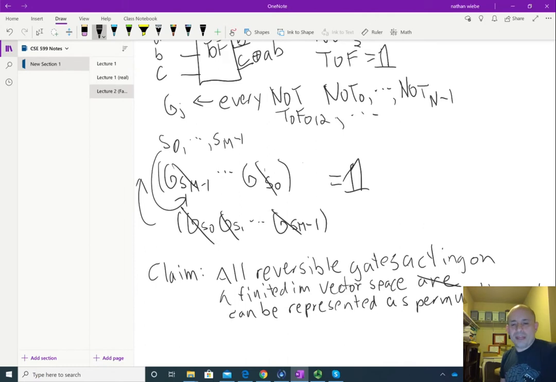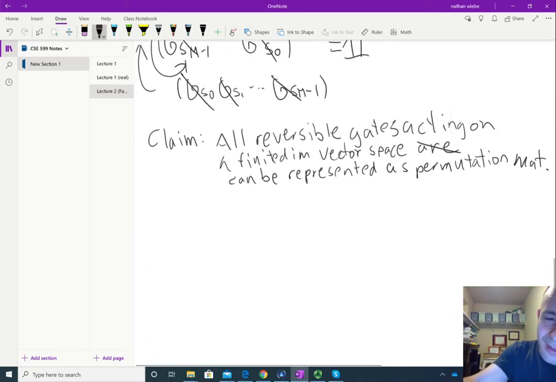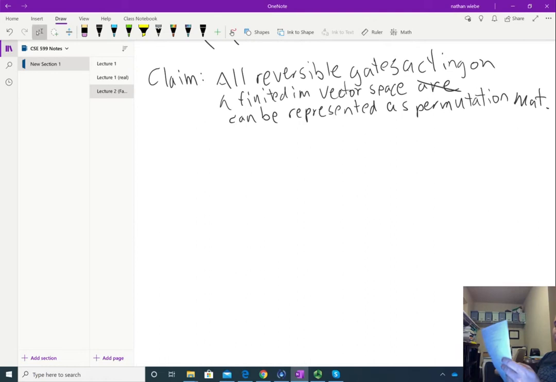And so, because you end up getting that, you can view the transformation that the gates are doing as just a relabeling of all of the basis states. So it's perhaps no surprise whatsoever that all of these are just permutation matrices at the end of the day. But I'll give you a little bit more of a formal argument behind this.